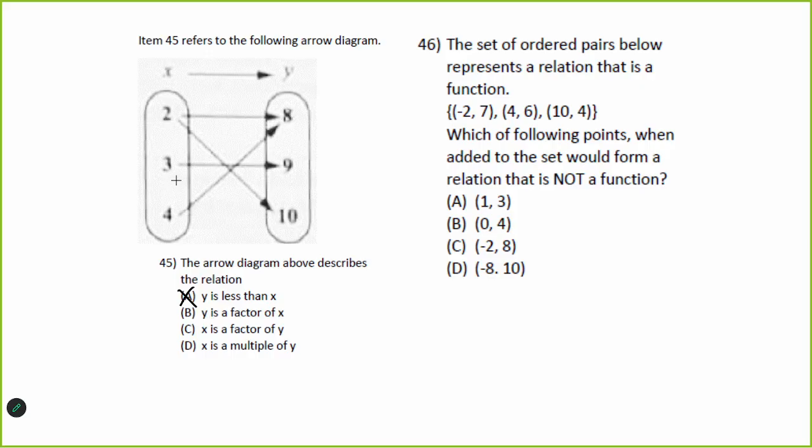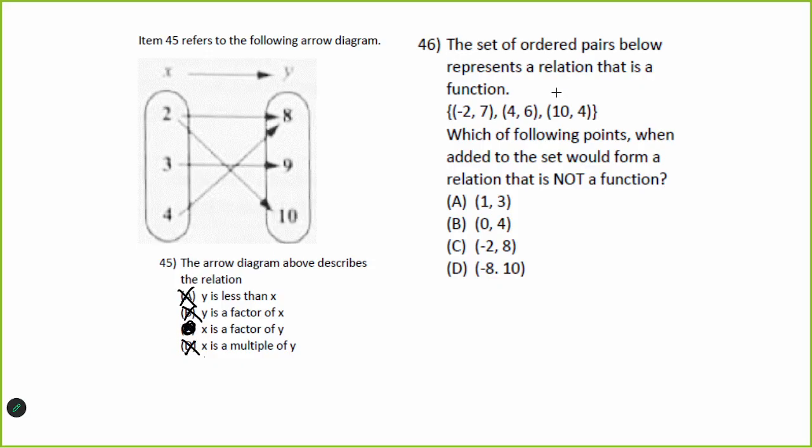If you look at factors of x, no. If they said x was a factor of y, then I would say yes. x is a multiple of y? If you multiply y by values, you're going to get x, no. So the answer here is C.